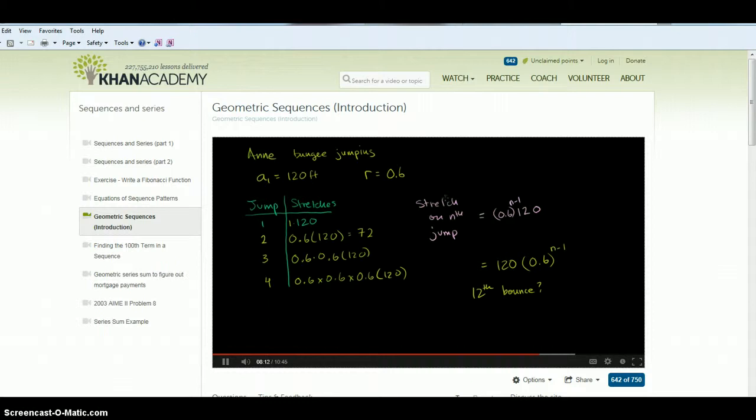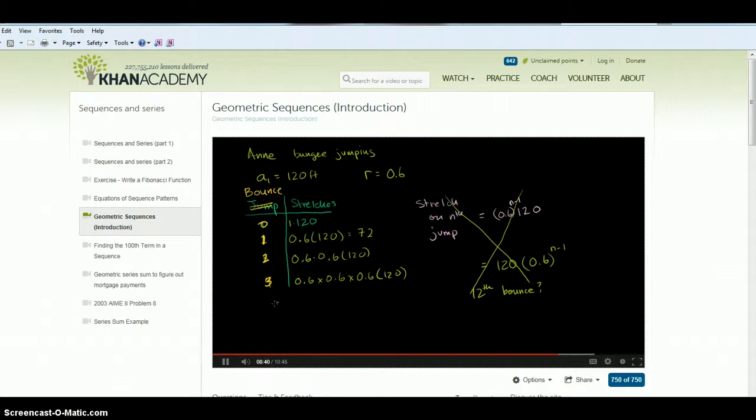I think this is where they're going with the problem. So you can view the initial stretch as the 0th bounce. Instead of labeling it jump, let me label it bounce. Then this would be the first bounce, the second bounce, the third bounce, and then our formula becomes a lot simpler.